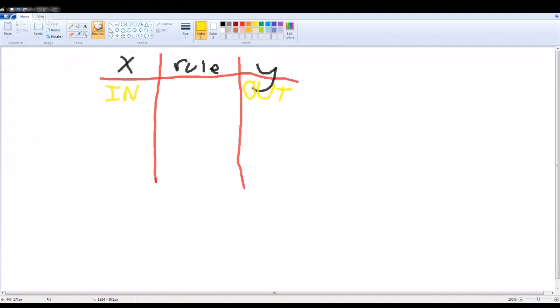So this one's in and this one's out. So basically, remember in as independent, as in independent variable. So that's another word you can call basically X.